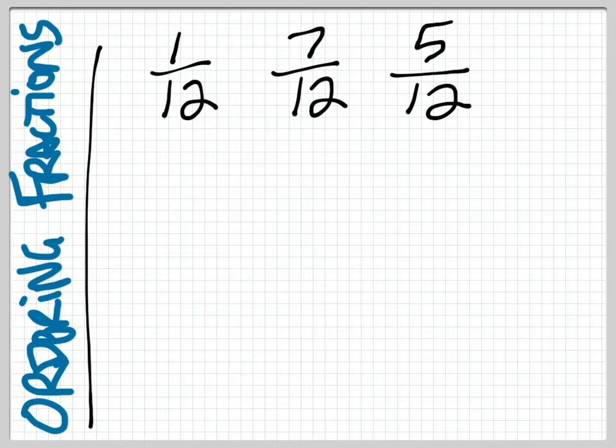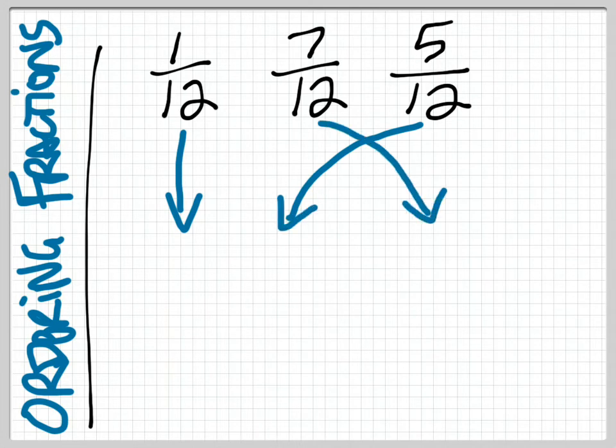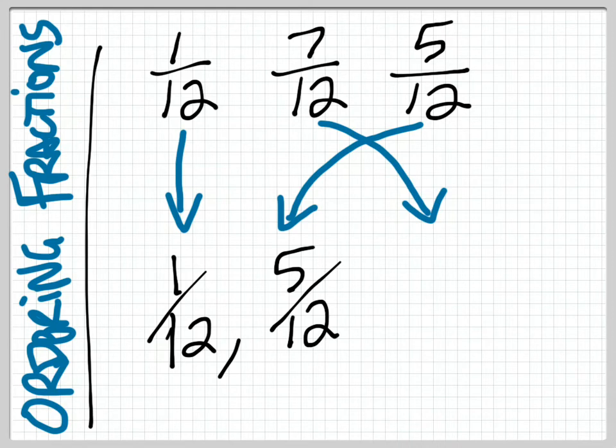So, I think you can tell that 1 out of 12 is the smallest, but you should probably be able to tell that 5 out of 12 is less than 7 out of 12. So if I put these in the correct order, I would have 1/12 first, then 5/12 second, then 7/12 last.